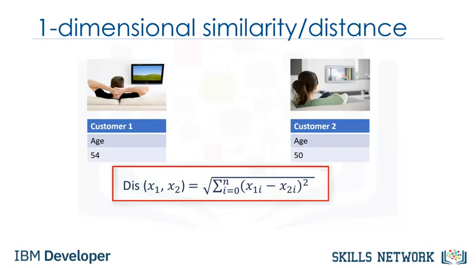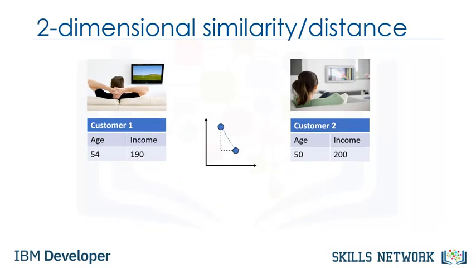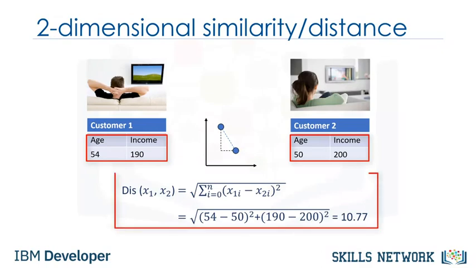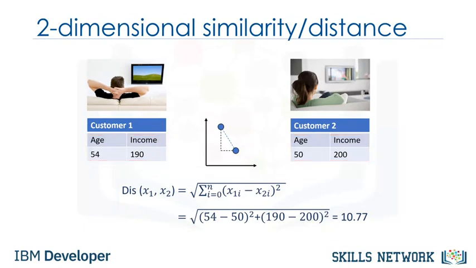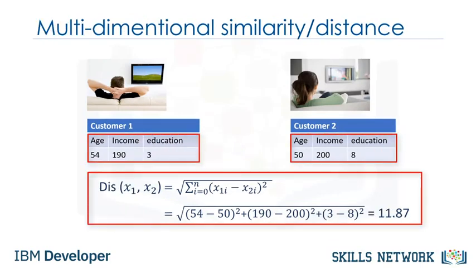Indeed, it is the Euclidean distance. What about if we have more than one feature, for example, age and income? For example, if we have income and age for each customer, we can still use the same formula, but this time in a two-dimensional space. Also, we can use the same distance matrix for multidimensional vectors.